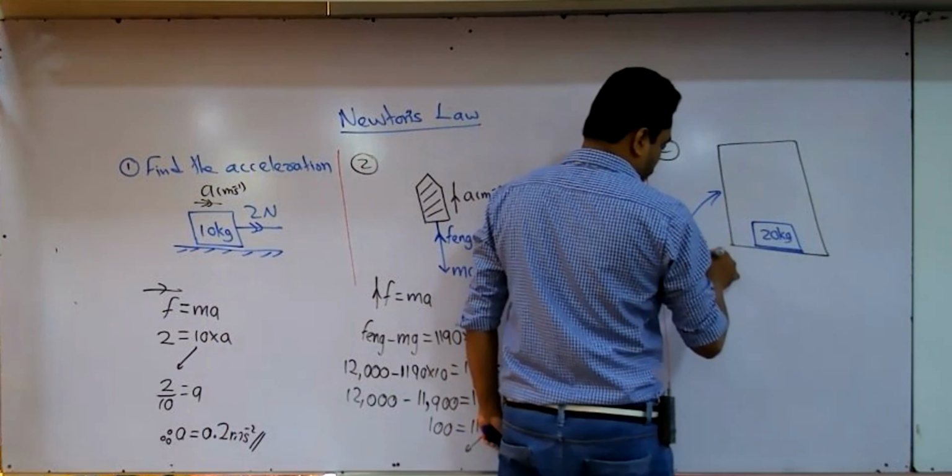The lift is moving up with an acceleration of 2 meters per square second. Okay, dear? Draw the figure. After that, I am going to ask several questions, Roman number 1, Roman number 2, and Roman number 3. First, you draw the lift and the box.